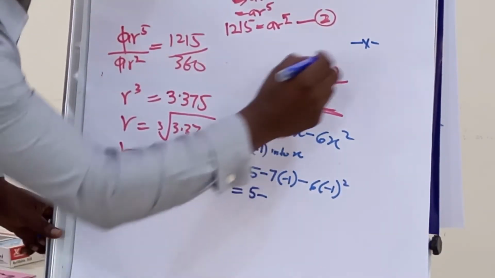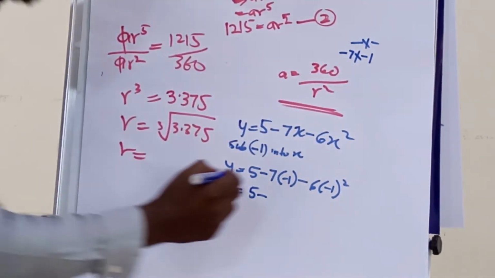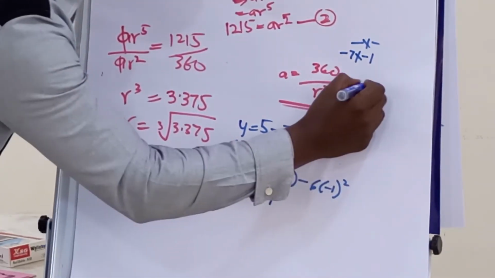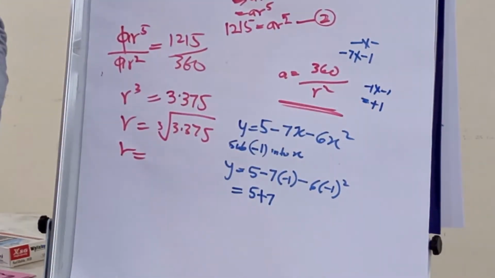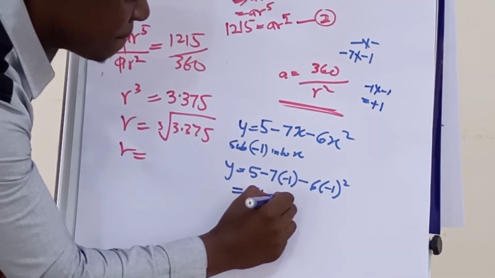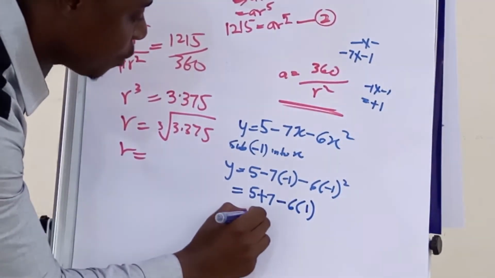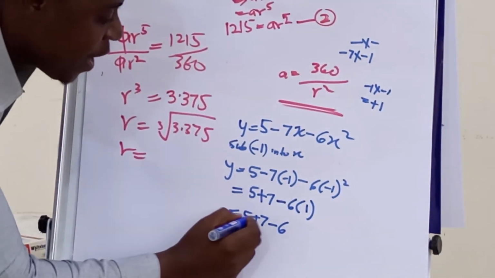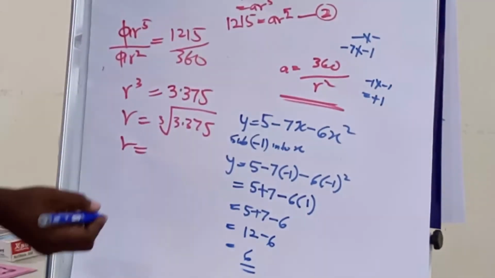Minus 7 times minus 1 is plus 7. Same thing here. Minus 1 squared is equal to what? Plus 1, because minus times minus equals plus. So you have 5 plus 7 minus 6 into 1. 5 plus 7 is equal to what? Minus 6 is equal to what? Answer is 6.